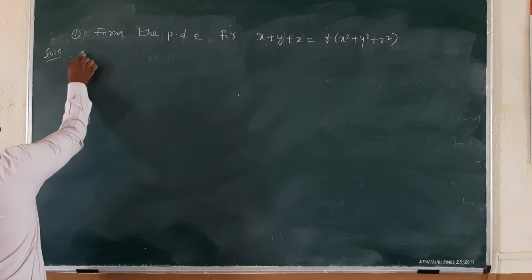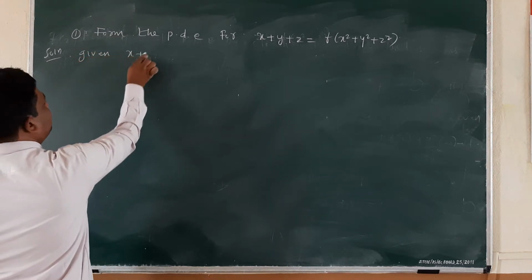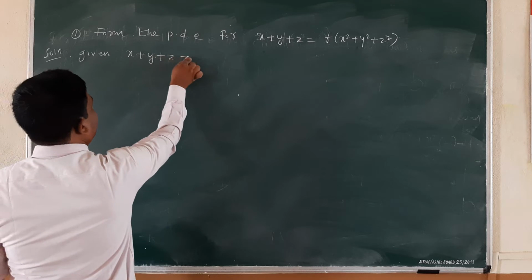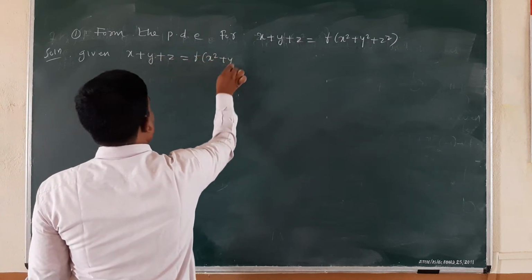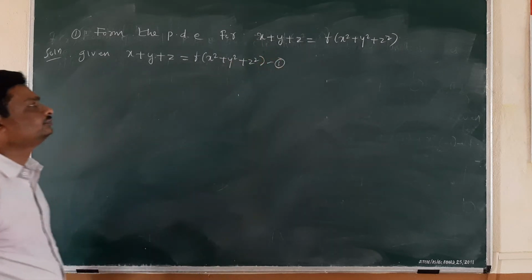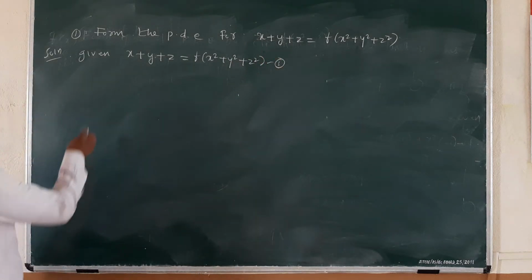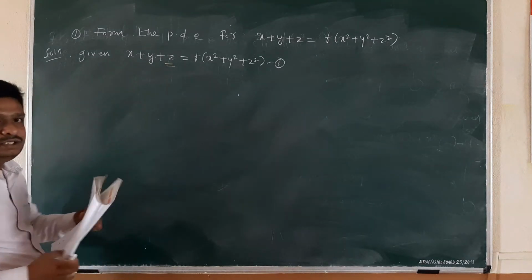So given here, x plus y plus z is equal to f of x square plus y square plus z square. So now I will differentiate. So here z is what?